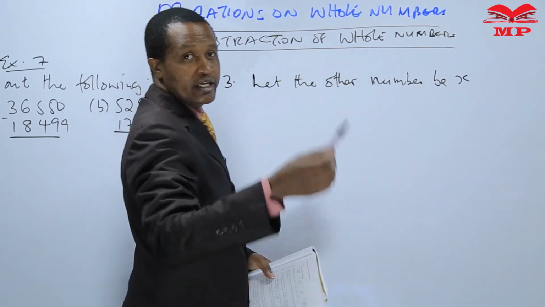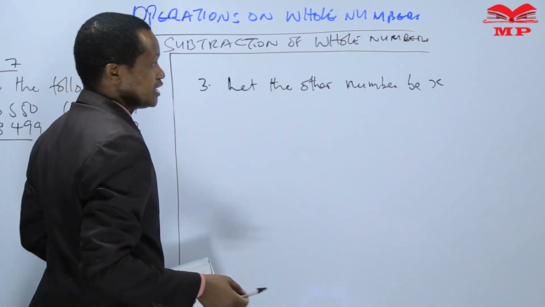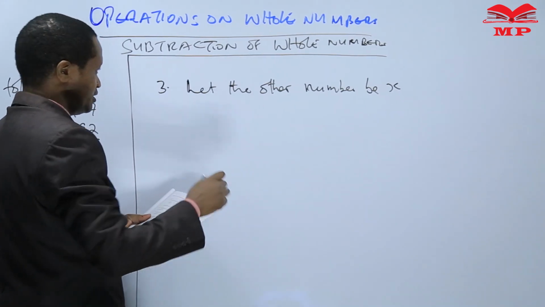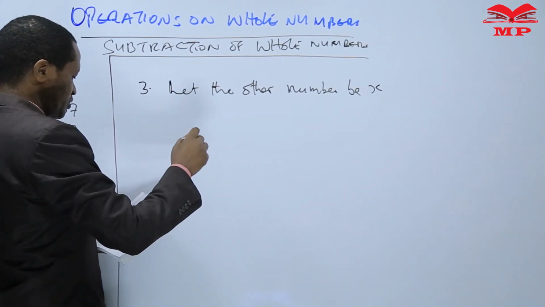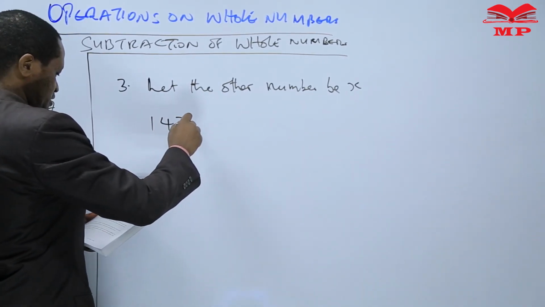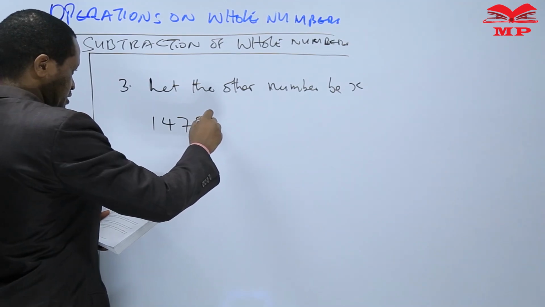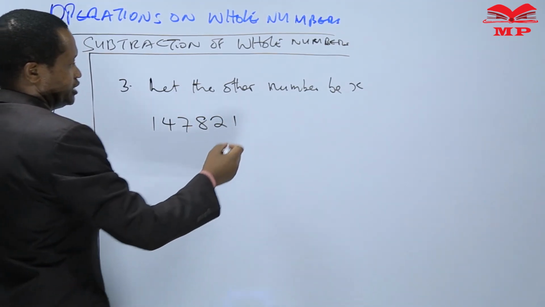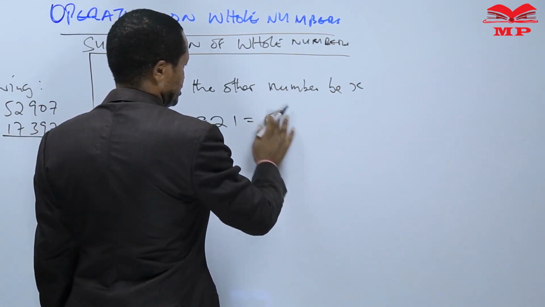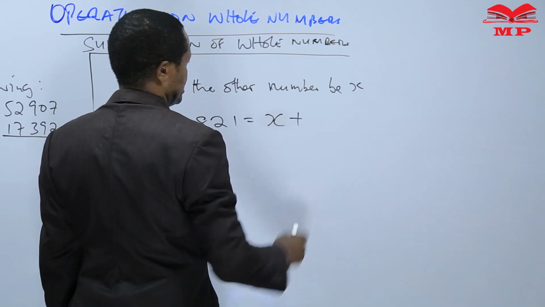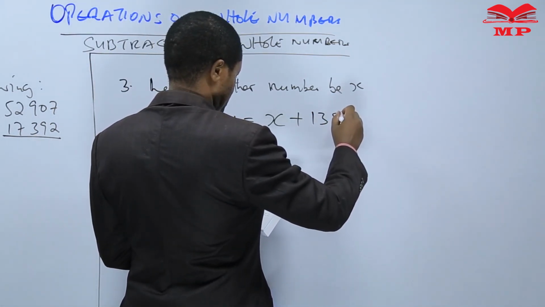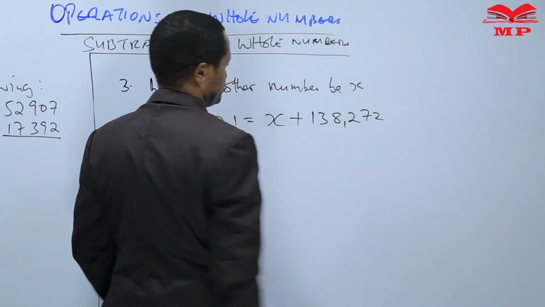Now, if the other number is x, then we will add the number that we've been given, because we are told the sum of two numbers is 147,821. This is the sum. This was arrived at by adding x and the other number, 138,272.